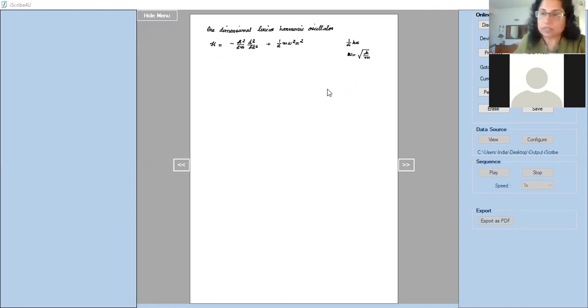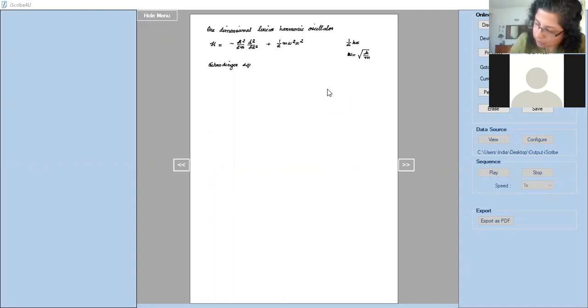Yeah. So now, this being the Hamiltonian, let's go on to the Schrodinger equation. It's a time independent potential. So, of course, you're going to write down the time independent Schrodinger equation, which is essentially an eigenvalue equation for the Hamiltonian.